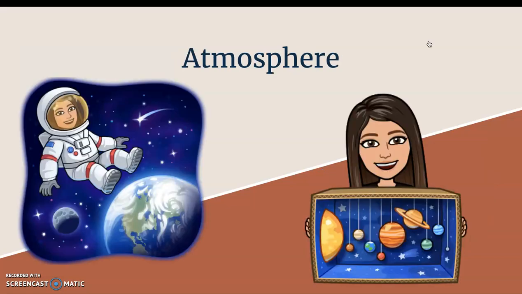Next thing is atmosphere. The atmosphere protects living things from the sun's most harmful rays. Gases reflect or absorb the strongest rays of sunlight.